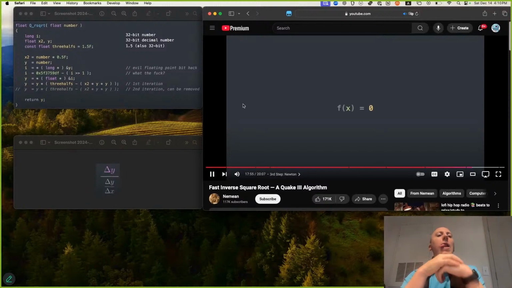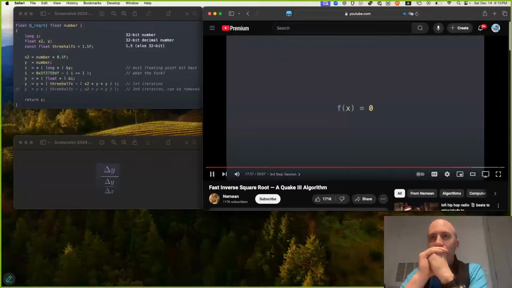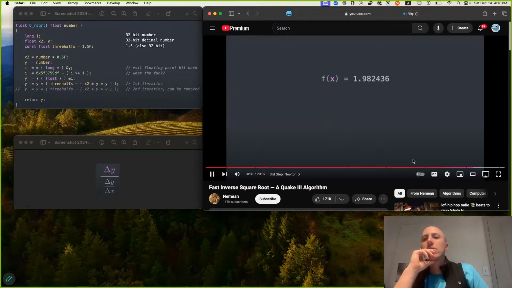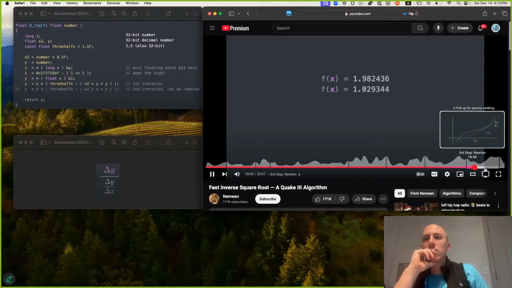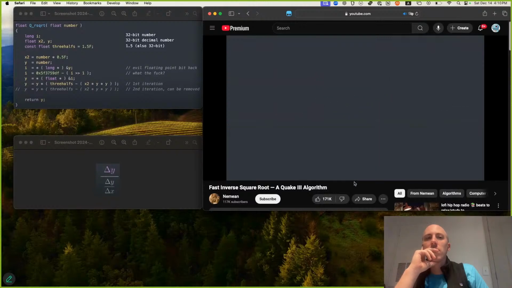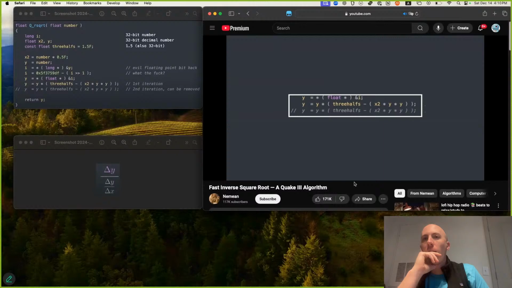The technique finds a root for a given function, meaning it finds an x for which f of x equals 0. It does so by taking an approximation and returning a better approximation, and usually you repeat this process until you're close enough to the actual solution. The informed viewer can now verify that the last line is one such Newton iteration applied to the function f of y equals 1 divided by y squared minus x.